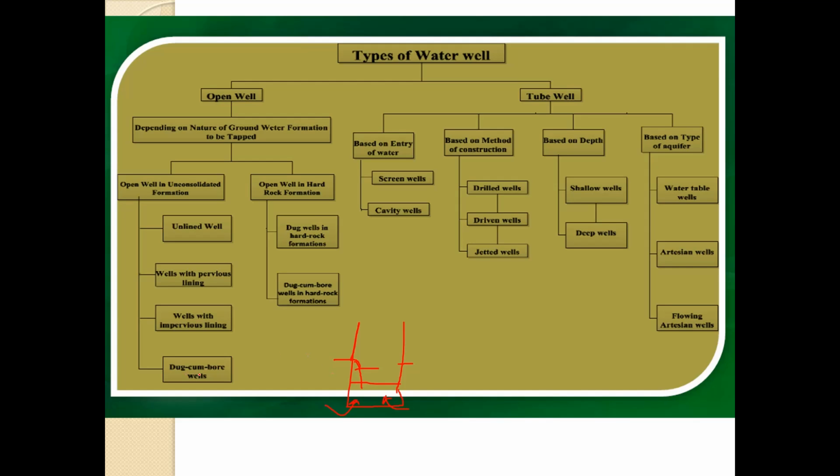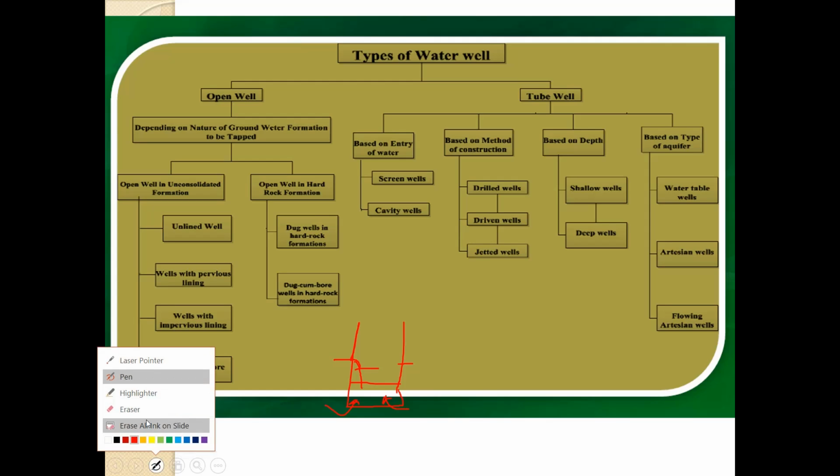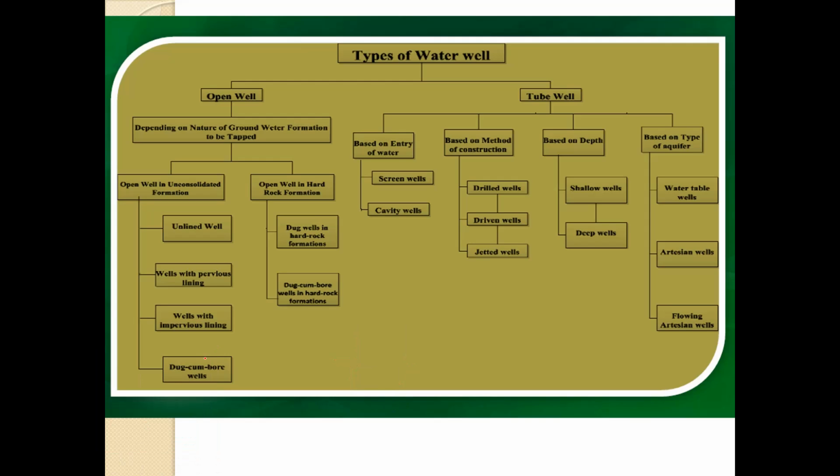And this is the dug cum bore well. Actually this is a rough kind of well, which is dug and sometimes bored. Sometimes horizontal boring was done to draw water from other springs which are in the way.